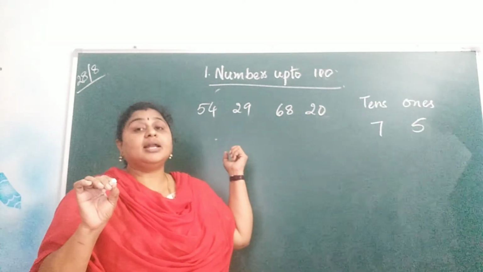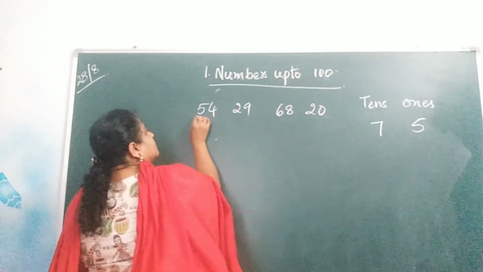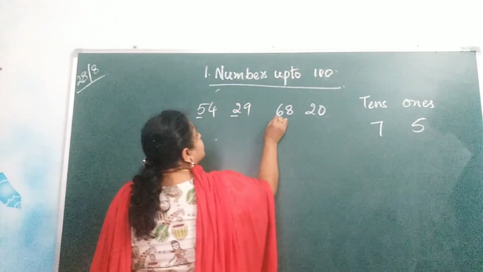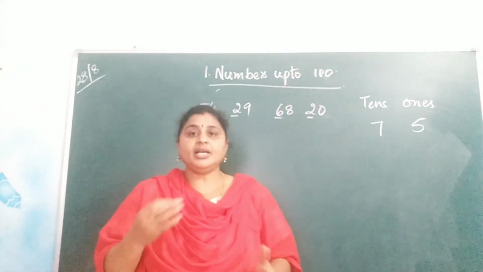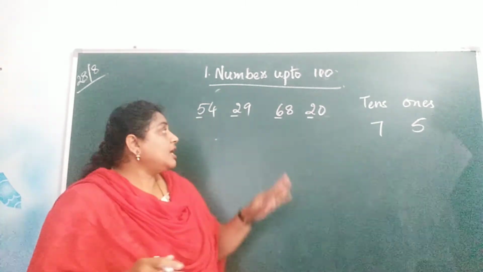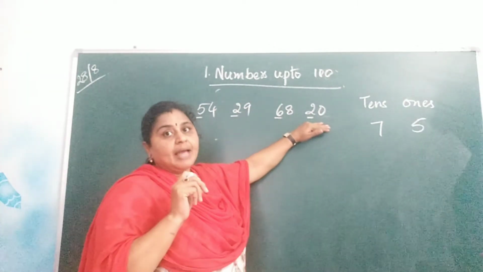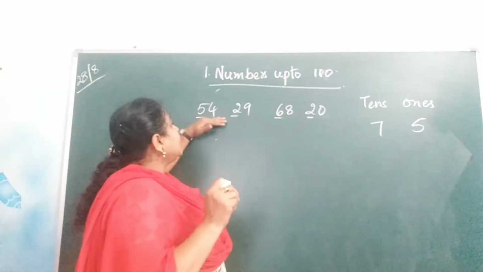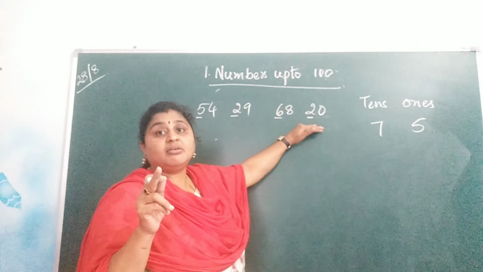I asked you to underline the digit in tens place value. 5 here, 2 here, 6 here, 2 here. Okay, children. Now we are arranging in ascending. Ascending in the sense small to big. Now here I have 2 numbers that are starting with 2. Am I right? So if we see 5, 2, 6, 2, which is the smallest number, children?